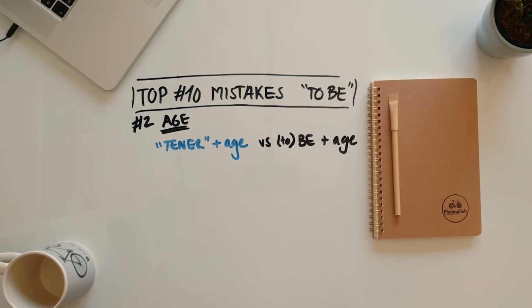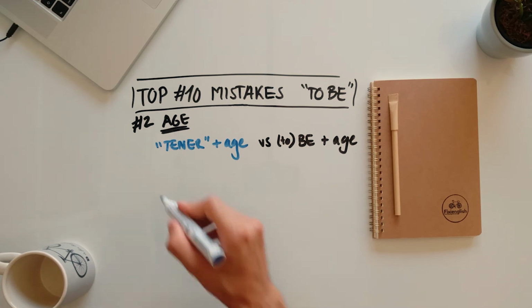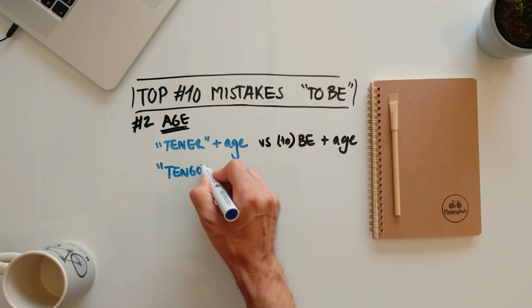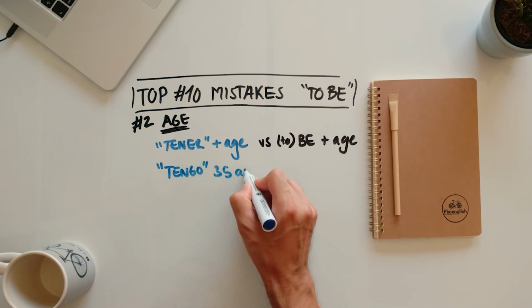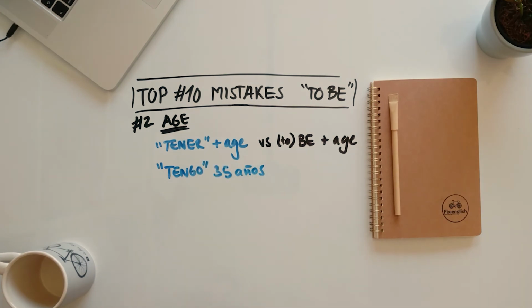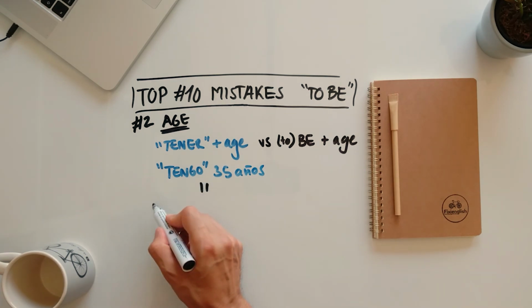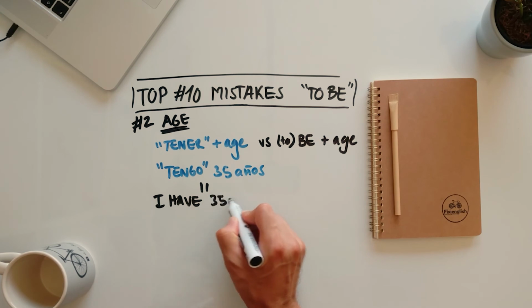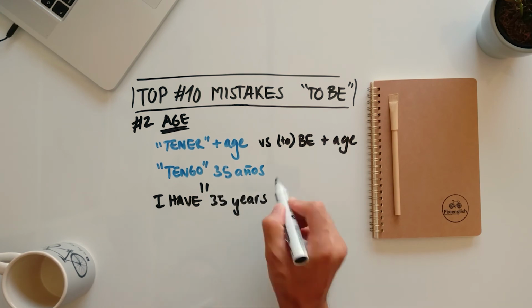Now, what's the most common mistake we found when people are trying to express this in English? Taking the sentence, for instance, tengo 35 años, people would normally express this saying, I have 35 years.